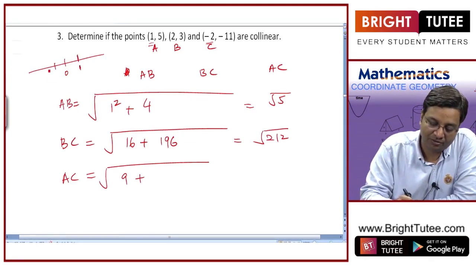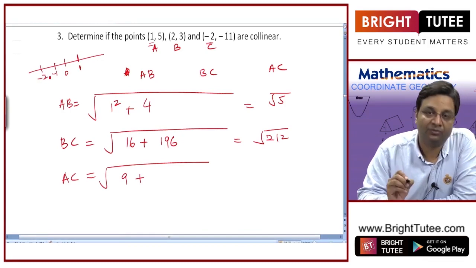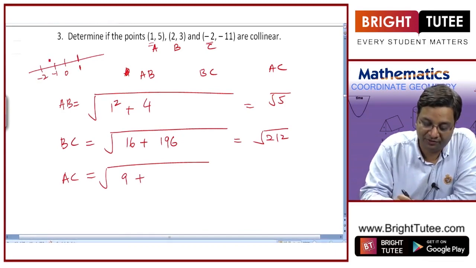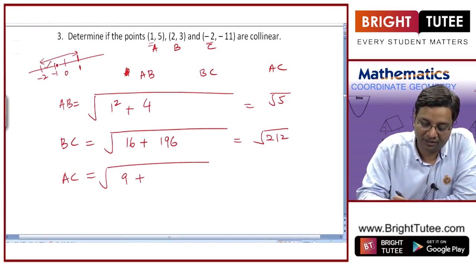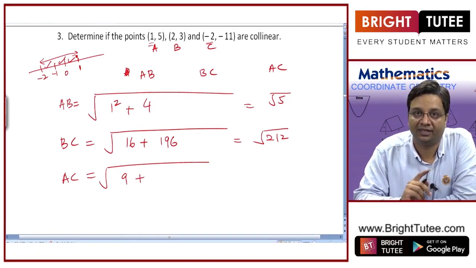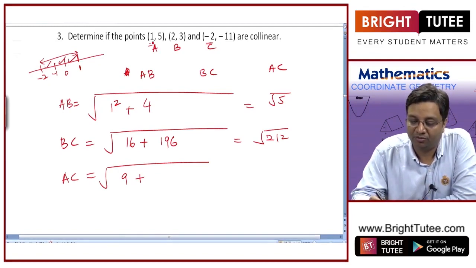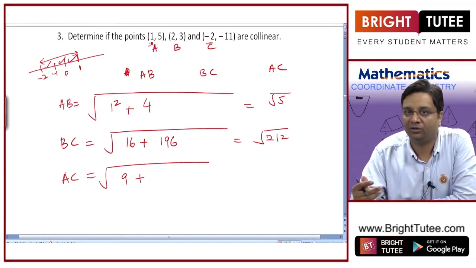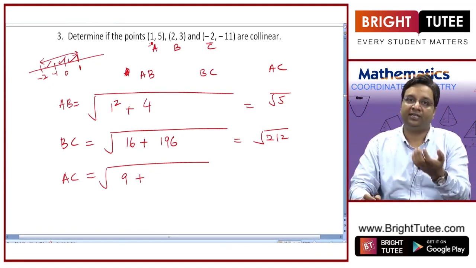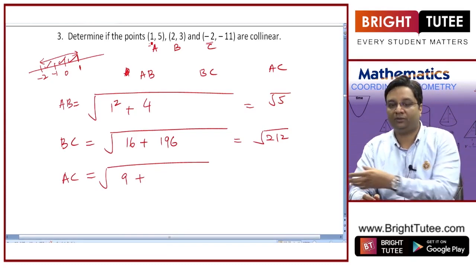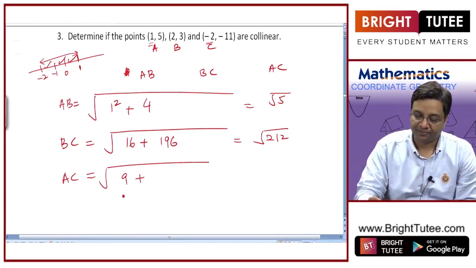Where is minus 2? This is minus 2. If I ask what is the difference, this much is the difference. What is this? 1, 2, 3, 3 steps, right? So minus 2 minus 1 is minus 3, or you can say 3 as a difference, because you need to square it. Minus 3 squared is equal to 3 squared, so it is equal to 9.